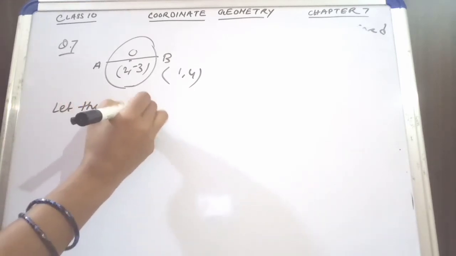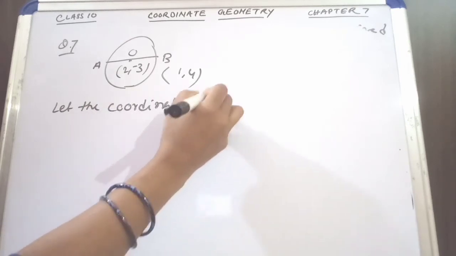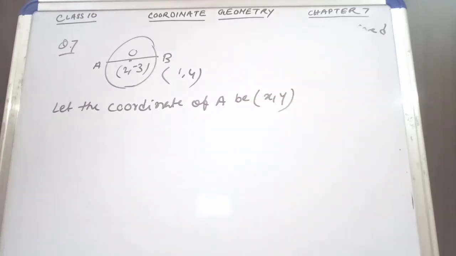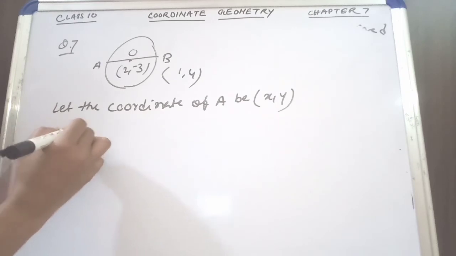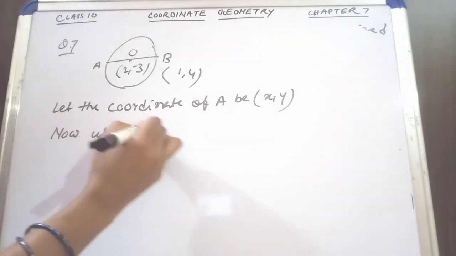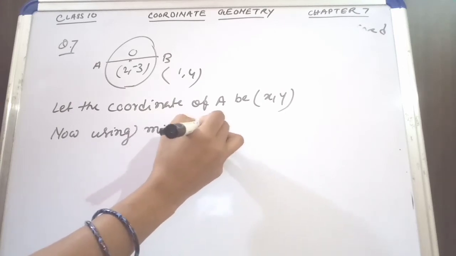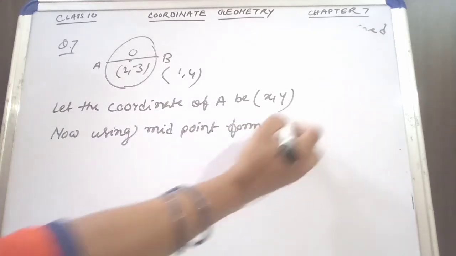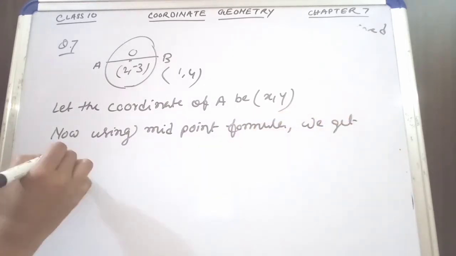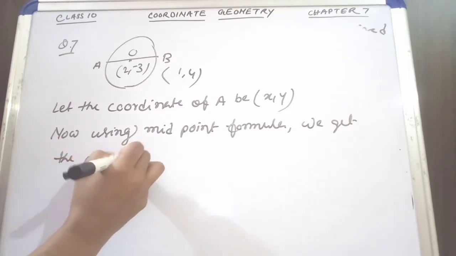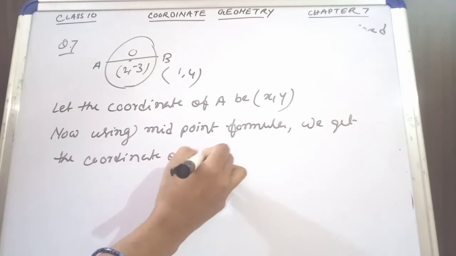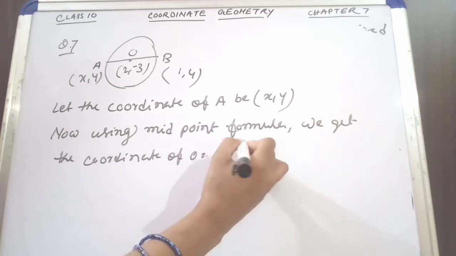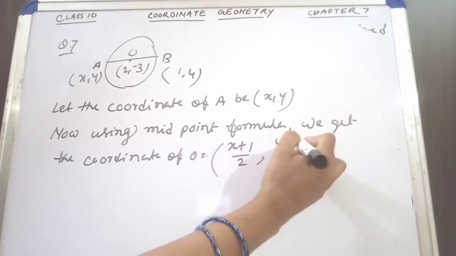Let the coordinate of A be x, y. Now using the midpoint formula, we get the coordinate of O is x1 plus x2. That means, suppose this is x, y, that means x plus 1 by 2 and y plus 4 by 2.